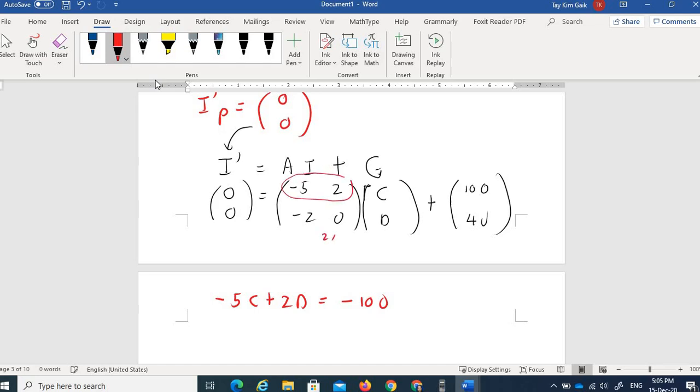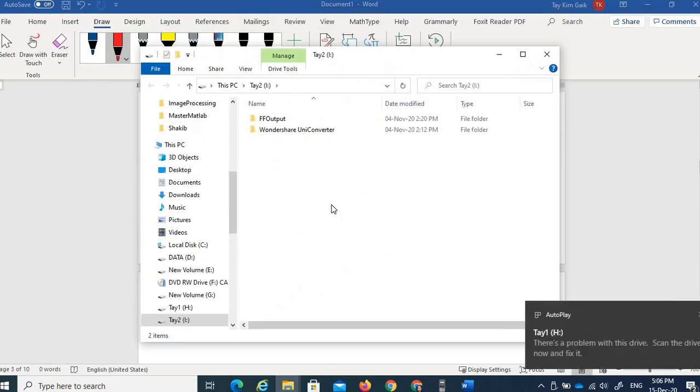This is a 2 by 2 matrix. This is 2 by 1. The 2 equal to 2 here means the number of columns in the first matrix equals the number of rows in the second matrix.